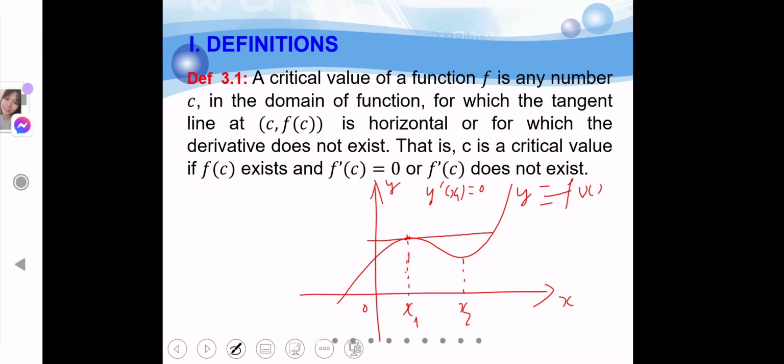That means this tangent line is parallel to the Ox axis.